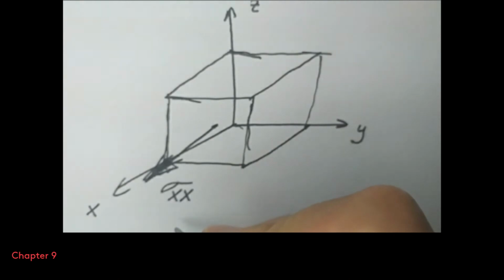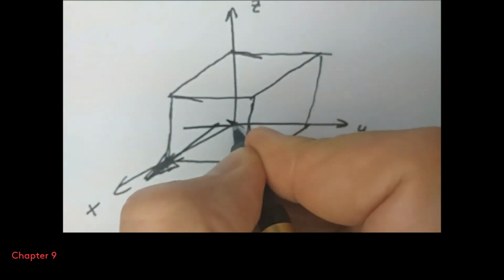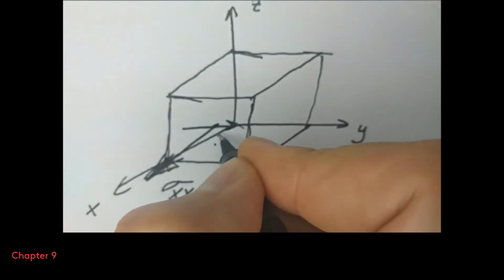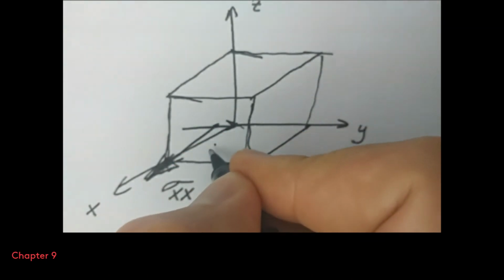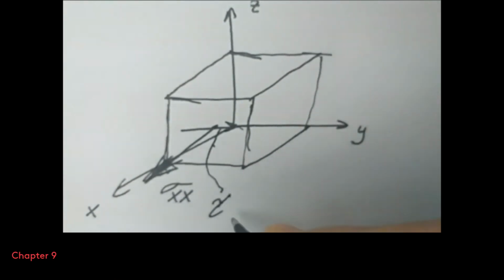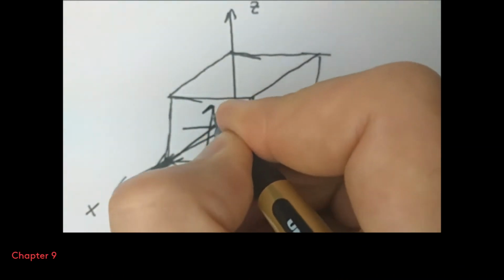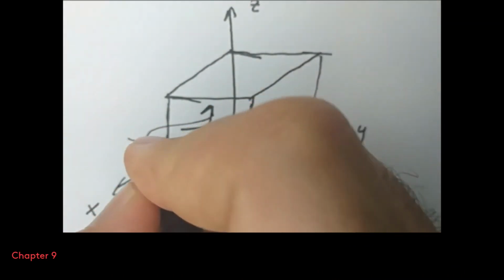Then we have a stress component which is tangential to the surface. In fact, the normal of this surface is x, and the stress itself is in direction y. Identically we have another stress, tau xz.